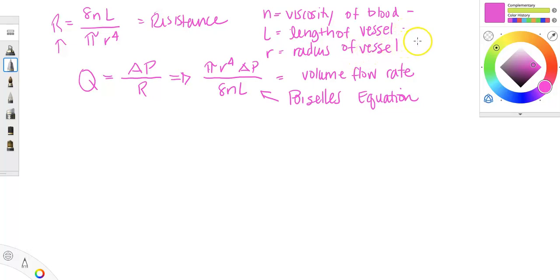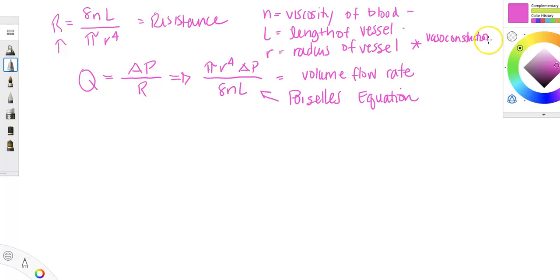The radius of the vessel, we know that can be changed through vasoconstriction and vasodilation.